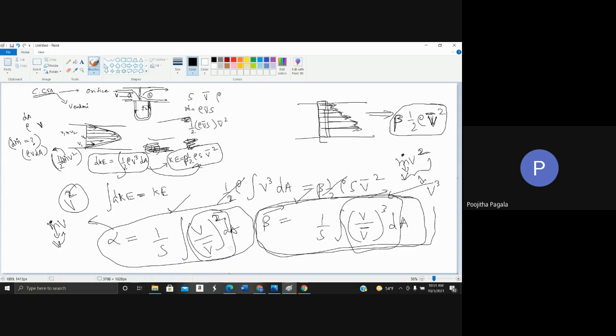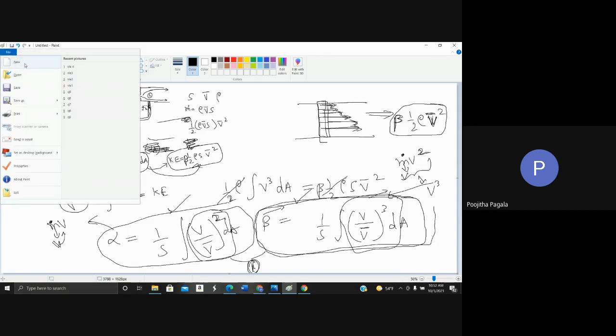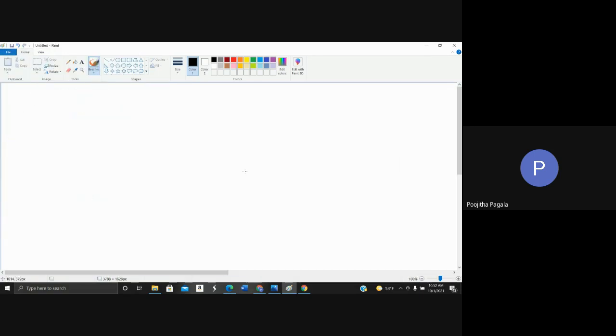Usually for turbulent flow, both of these become one. Both alpha and beta are one, so you need not include them for turbulent flow. But you can also calculate them for laminar flow, so you can try this exercise. When you have a laminar flow in a pipe, calculate beta and alpha.